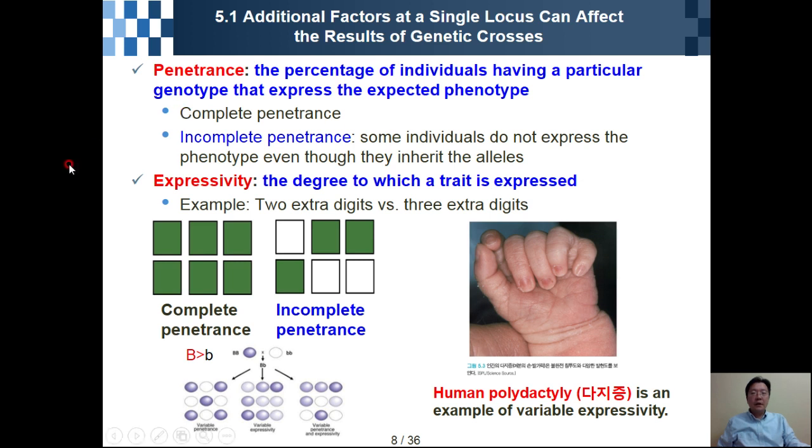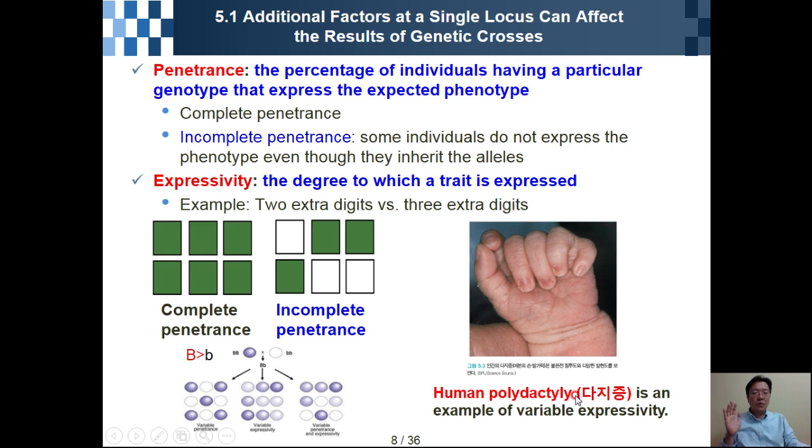Next we'll go to expressivity. Expressivity means the degree to which a trait is expressed. A very famous example is human polydactyly.